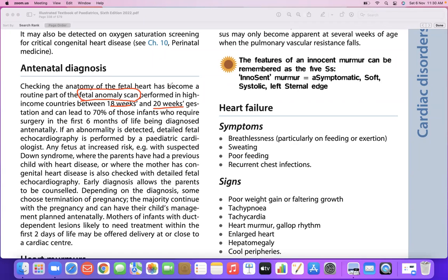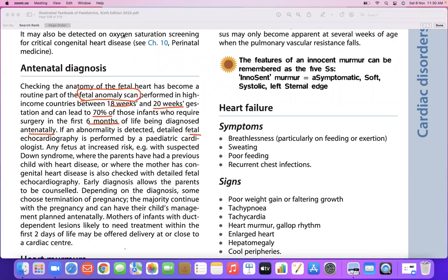Fetal anomaly scan performed in high income countries between 18 to 20 weeks gestation can lead to 70% of those infants who require surgery in the first 6 months of life being diagnosed antenatally. So if an abnormality is detected, detailed fetal echocardiography is performed by the pediatric cardiologist.